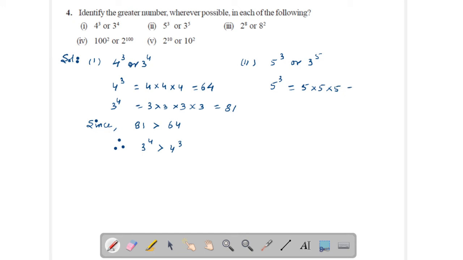And if you multiply it, you will get 125. Now 3 raised power 5. Here 3 raised power 5 can be written as 3 multiplied 5 times, 3 into 3 into 3 into 3 into 3. And if you multiply, what will you get? 243.